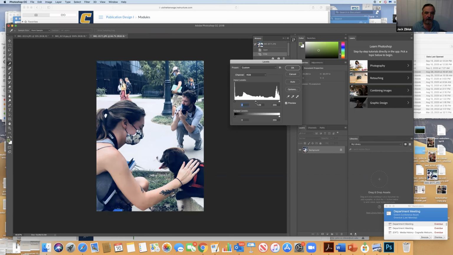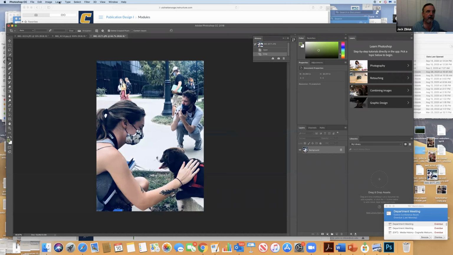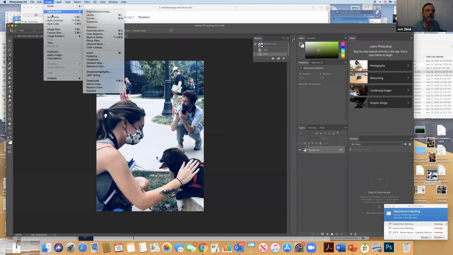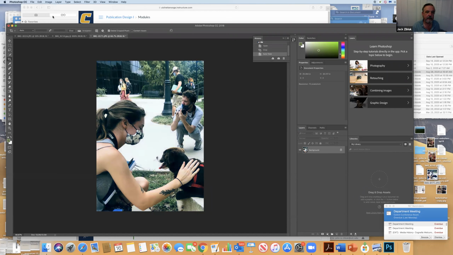This is our midtones. Here's our lights, here's our darks, here's the midtones. You can play with that a little bit. But sometimes this works, sometimes it doesn't. In this case, I think that the auto tone worked very well.